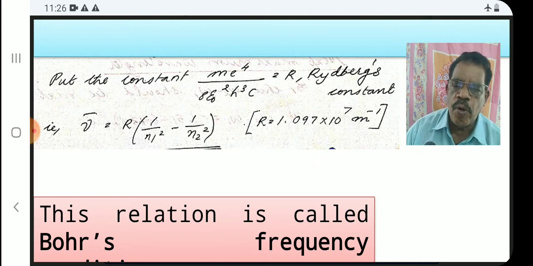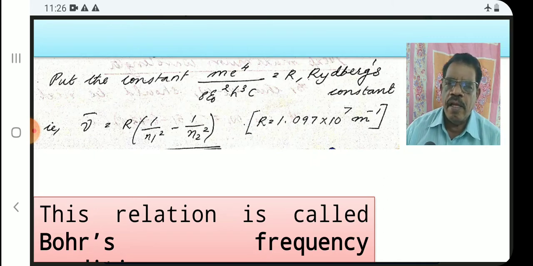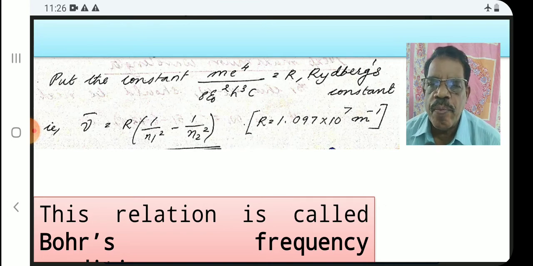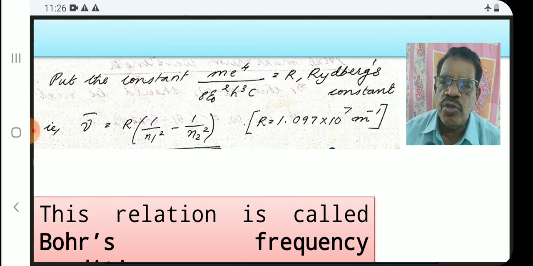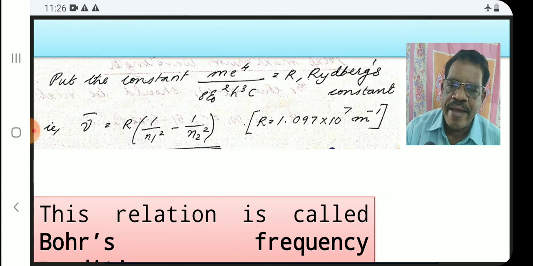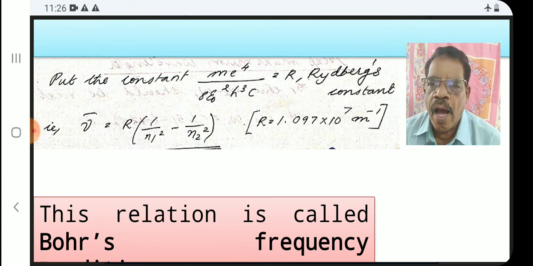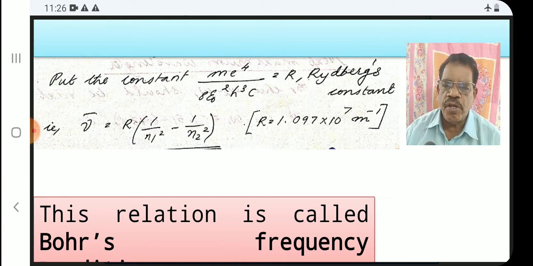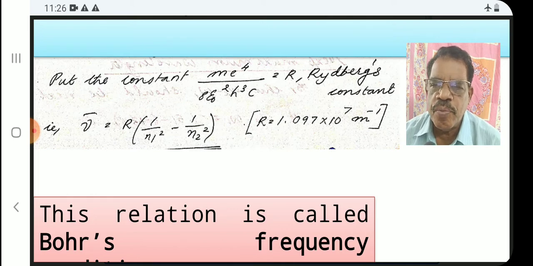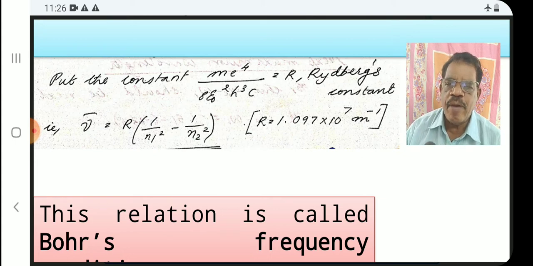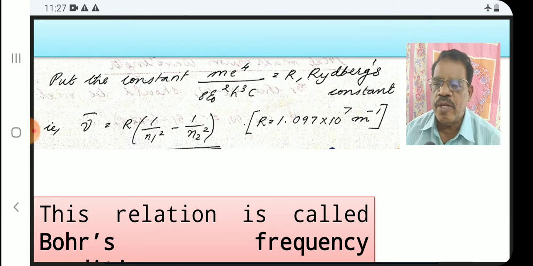And when we approximate both the numbers, we get R is equal to 1.097 into 10 raised to 7. You remember, R is equal to Rydberg constant or Bohr's constant equal to 1.097 into 10 raised to 7 meter raised to minus 1. When we expand, we get 10970000 meter raised to minus 1.